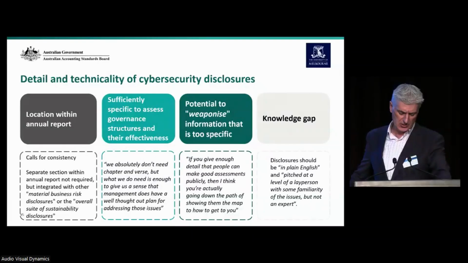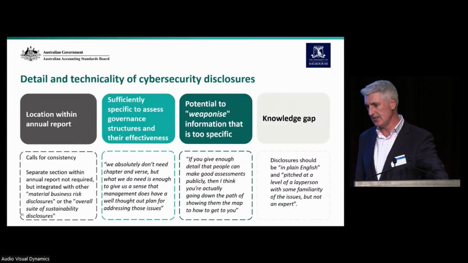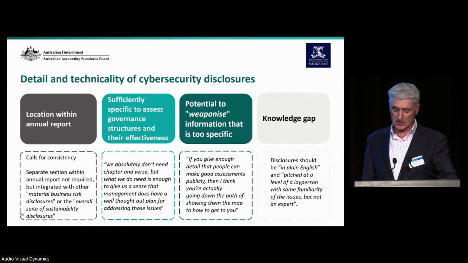The information needs to be sufficiently specific to enable investors to assess a company's cybersecurity readiness and maturity, even though they did note that they didn't need the chapter and verse or the nuts and bolts of everything, but sufficiently specific to enable insights to be provided.